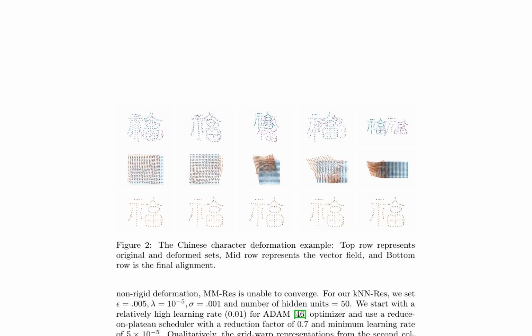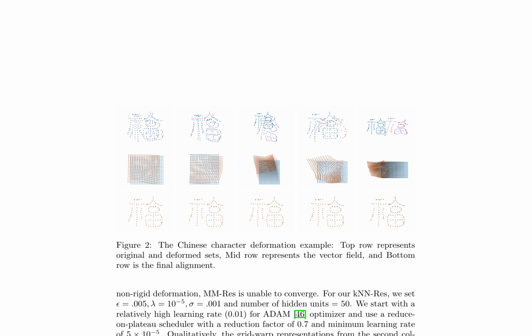The Adam optimizer is used with a reduce-on-plateau scheduler, starting with a learning rate of 0.01 and reducing it by a factor of 0.7 to a minimum of 5 times 10 to the power of minus 5. Visually, the estimated transformations from kNN-Res appear simple and coherent.